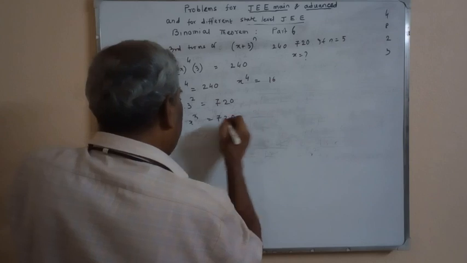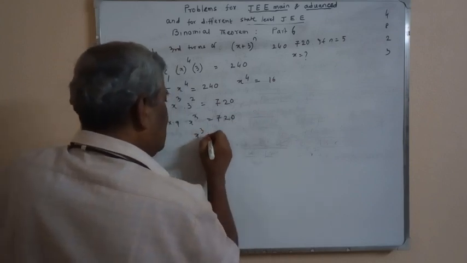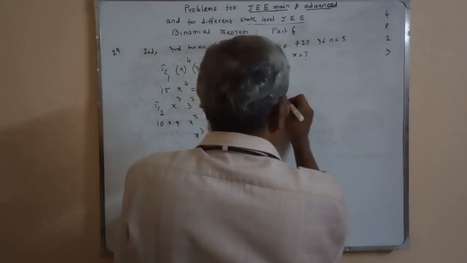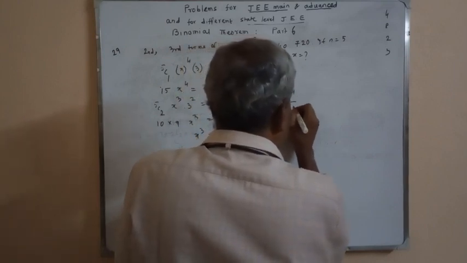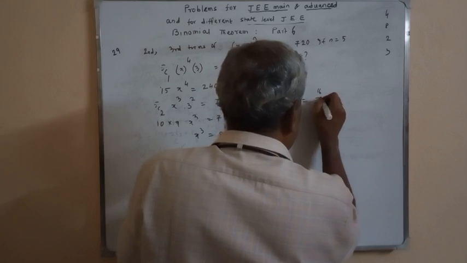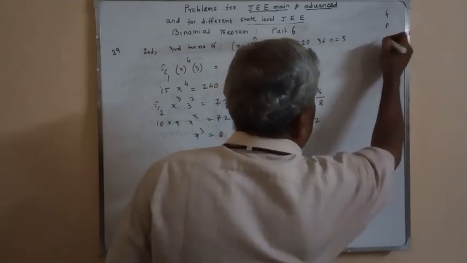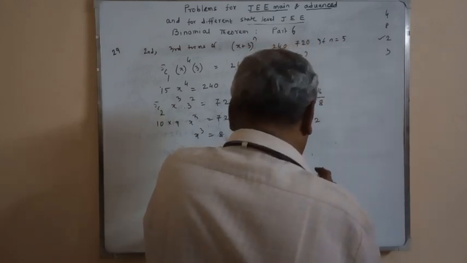So 10 cancels, so x cube is equal to 8. Now x to the power 4 is 16, so x to the power 4 by x cube is equal to 16 by 8, that is x is equal to 2. So the answer is 2. Option C is correct.